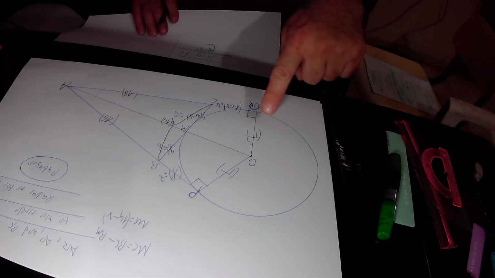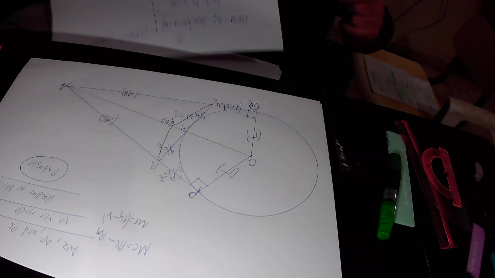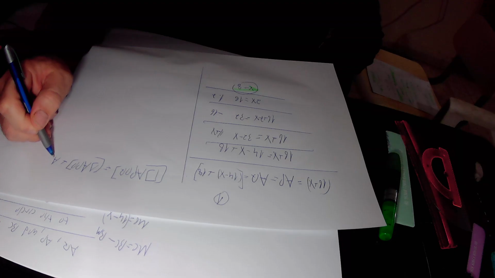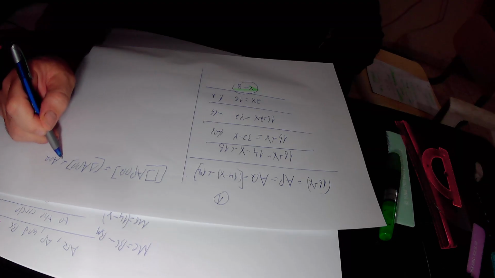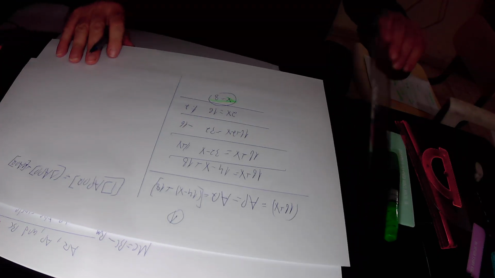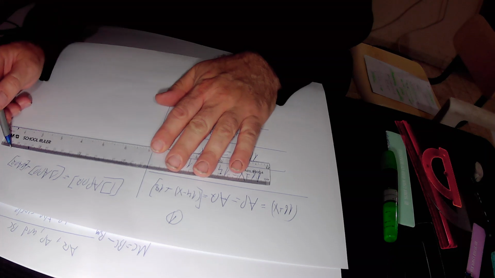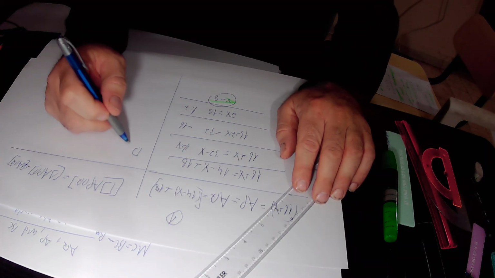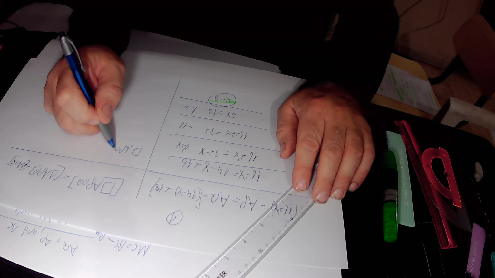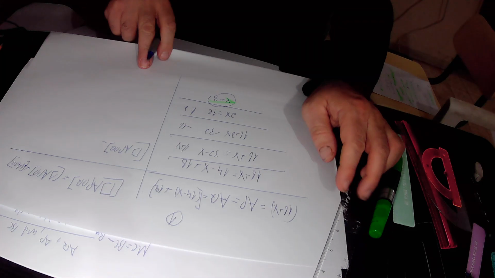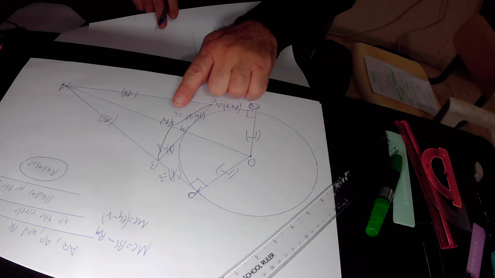This is actually the area of this lower right triangle AOQ. So in total, the area of quadrilateral APOQ equals the area of this upper right triangle APO.